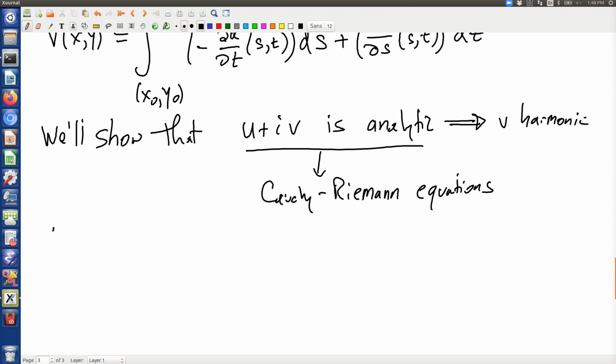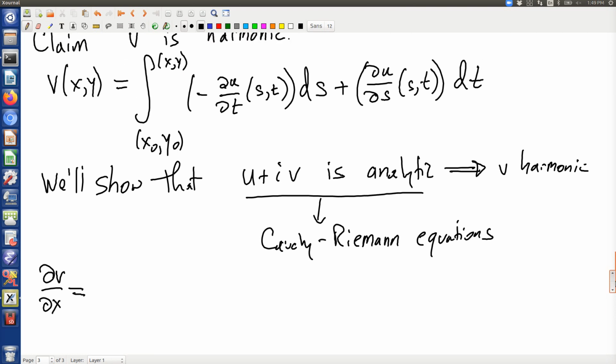Okay, so let me take the partial derivative of v with respect to x. When I look at that, what's going to happen? Well, the partial derivative of v with respect to x is really the first component, i.e., this is really written out kind of like the fundamental theorem of calculus. In fact, it really is the fundamental theorem of calculus.